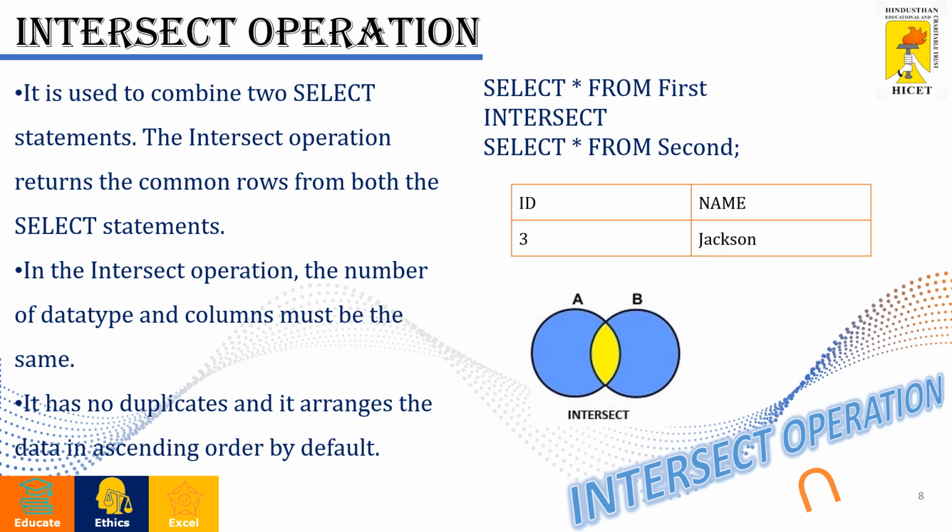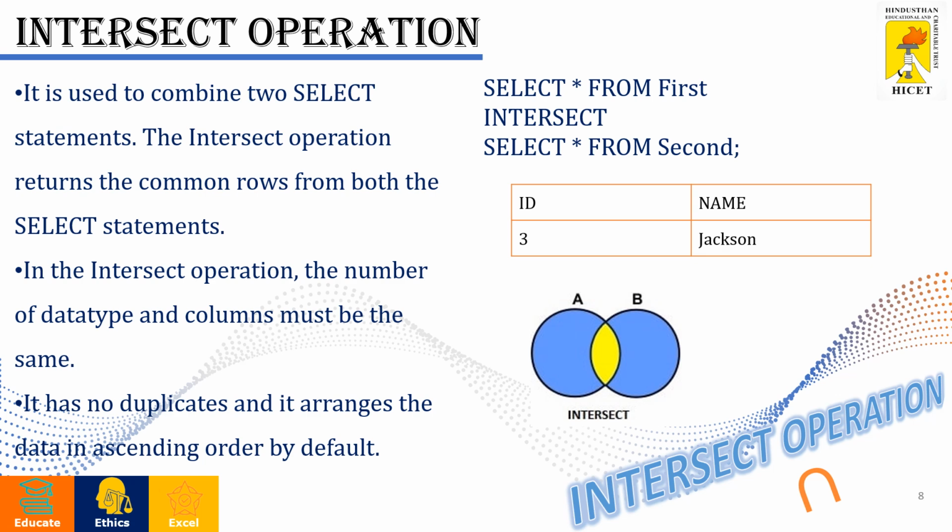There are two tables, the first table named first and the second table named second. In both tables there is one common value, that is ID number 3 and the name Jackson. So the common values between the two tables will be taken and the result will be given.